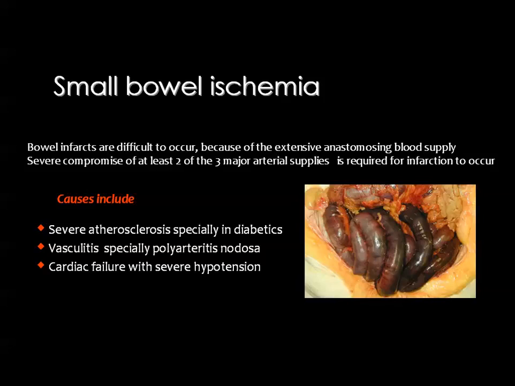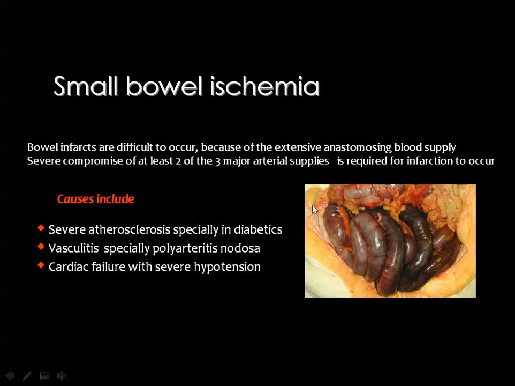Small bowel ischemia is due to disturbance of the blood supply, either the arterial supply or the venous drainage to the bowel. And you should know that bowel infarcts or gangrene of the small bowel is difficult because of the extensive anastomosing blood supply.